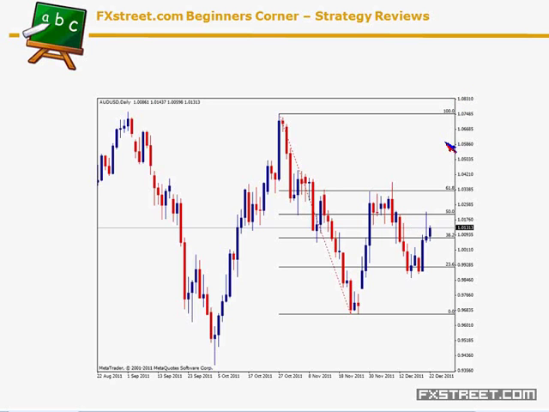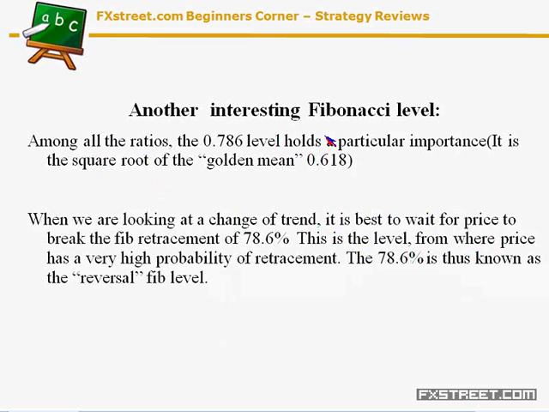He discovered that between 83 and 87% of the time, working in 4-hour charts or bigger, Euro dollar, pound dollar, Aussie dollar, and Swiss franc dollar tend to respect this Fibonacci level, which is a very accurate technical study. Anyway, moving on.